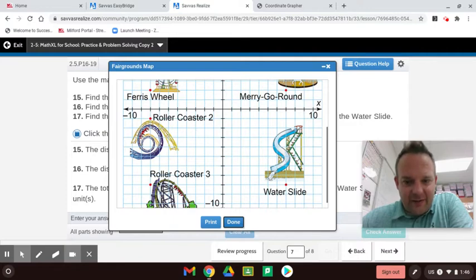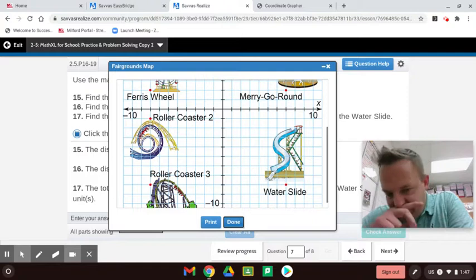Now we got to go to the water slide, guys. Crossing quadrants. So we're going to add. This is -8, but absolute value of -8 is 8. That's 7. 8 plus 7 is 15.